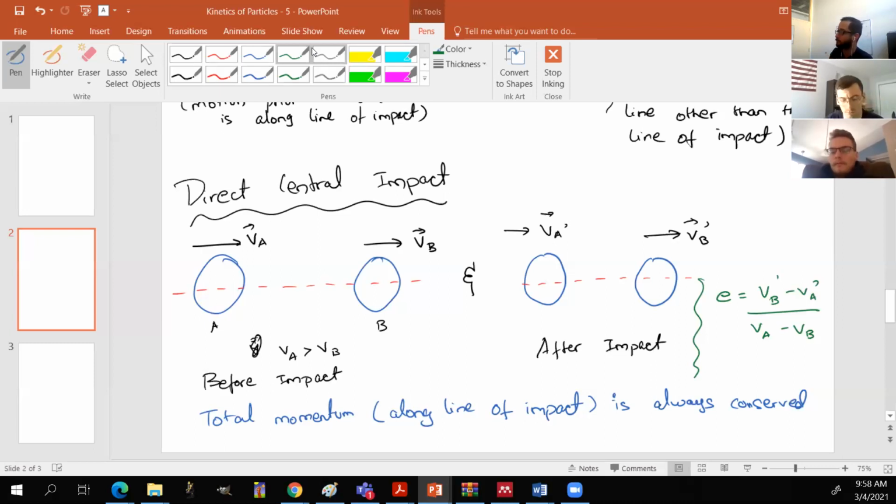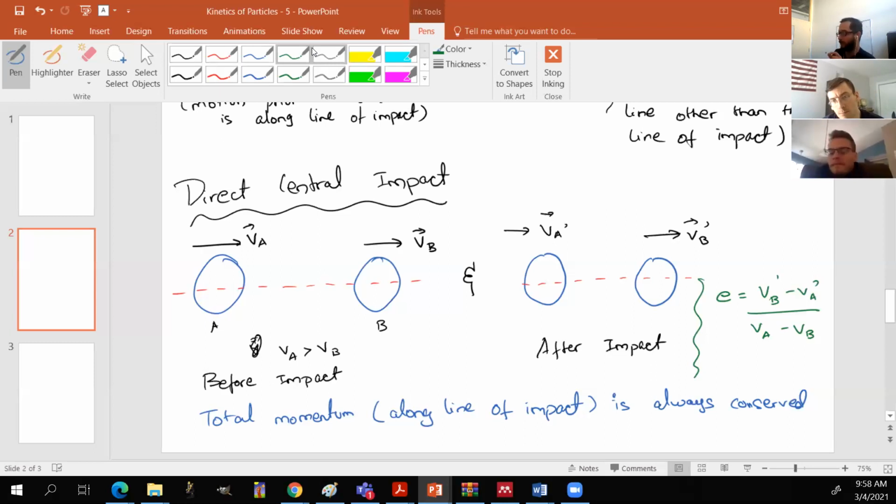Okay, thank you. Someone else had a question as well? Yes, I did. I get that there is no impulse because A and B are going in the same direction and the velocity of A is greater than B. That makes sense. What would happen if B was going in the opposite direction, however, the velocity of A was still greater than B?